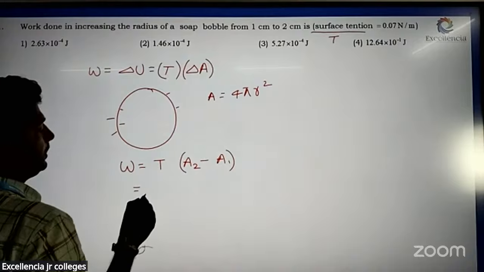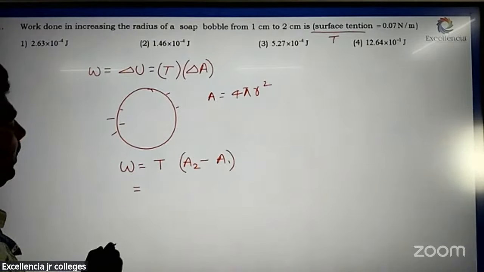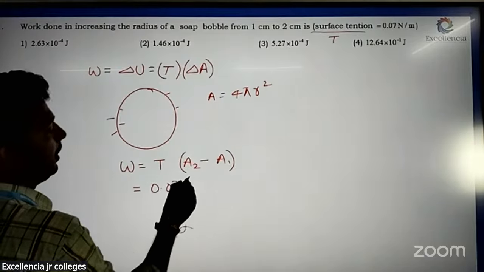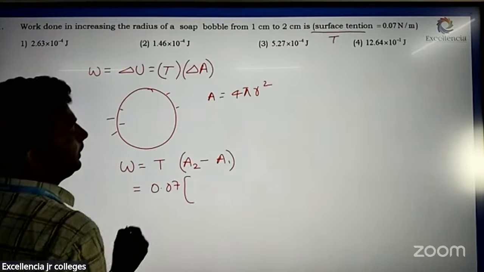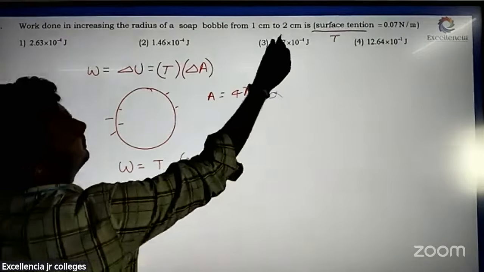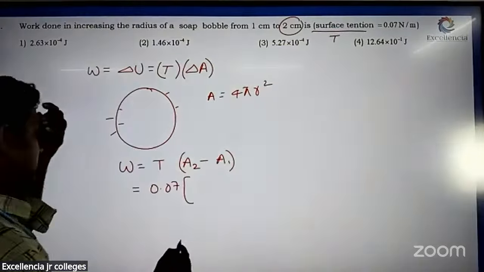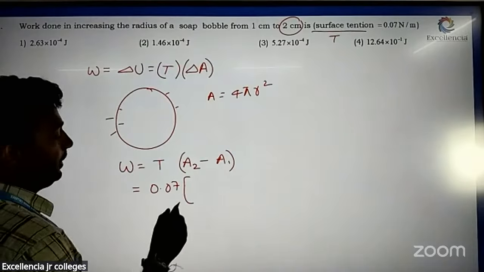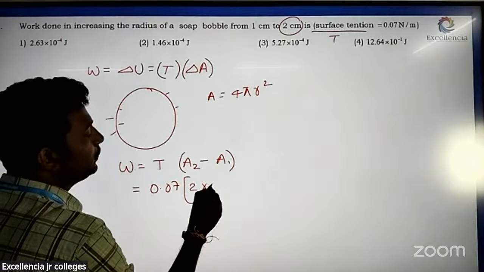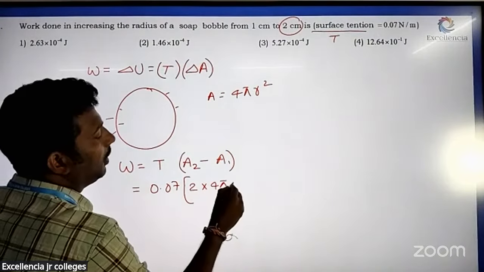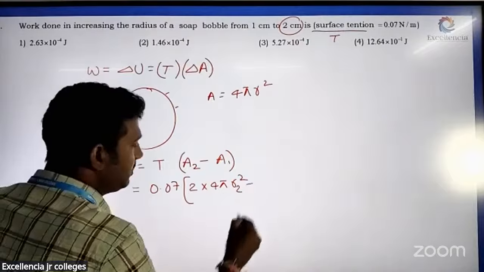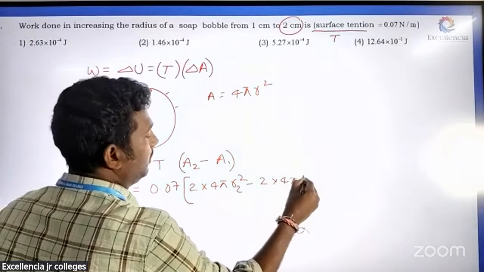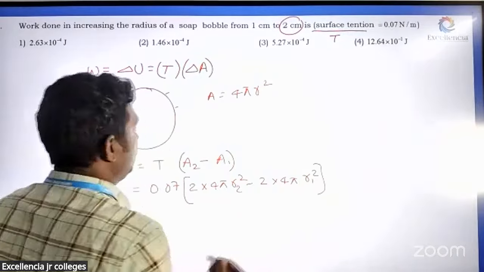Here, the surface tension is given as 0.07, and the area of the soap bubble, with final radius 2 centimeters, has two sides. So that is 2 into 4 pi r2 squared minus 2 into 4 pi r1 squared.